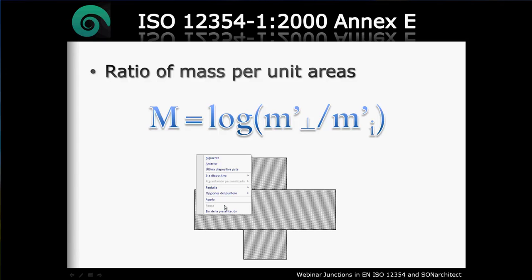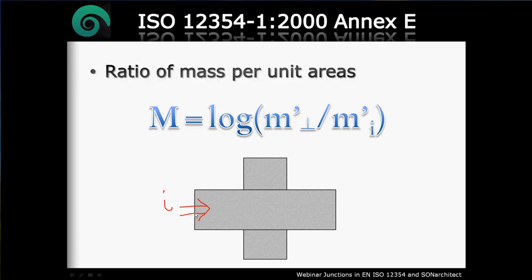Okay. So let's say that this is the initial element where our vibration is coming from. So here we have our vibration. So for us, this will be our I element, and in order to calculate this M value, we need to know that this ratio depends on where the vibration is coming from and where it is going through.